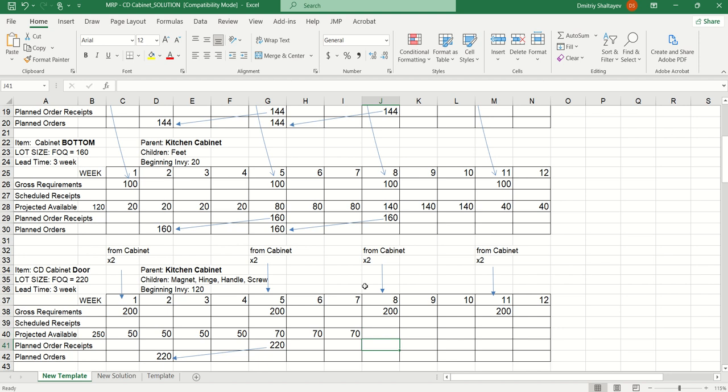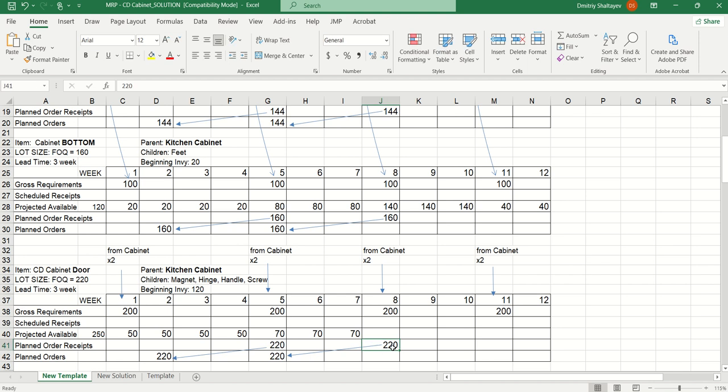Week 7, here I don't have enough, which means that I'm planning to receive a 220 doors order in week number 8. And since the lead time is 3 weeks, it has to be started in week number 5, 220. Cool. And again, I'm going to just connect them with an arrow right here.